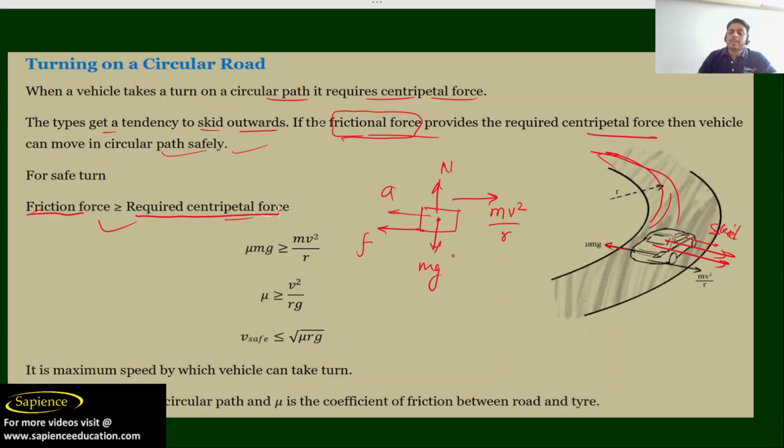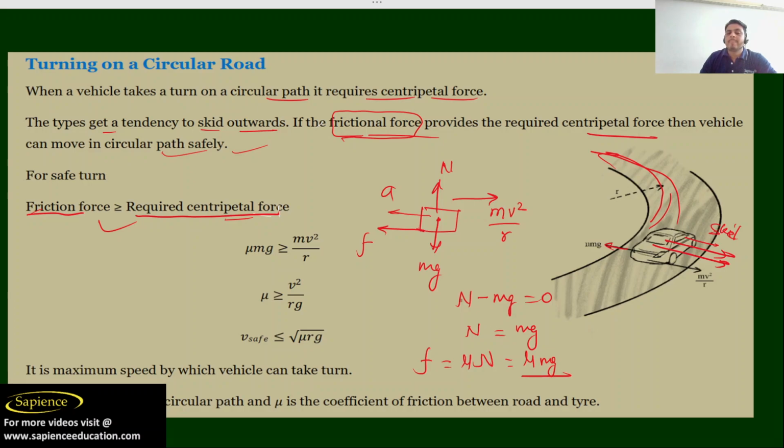From this equation, N minus mg is equal to 0, or the reaction force is mg. As we know, friction force is mu into N, so that is mu into mg.